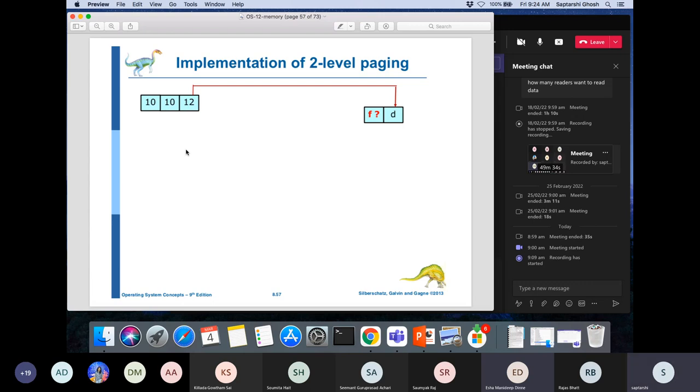The main page table is divided into pages, and we have an outer page table which is contiguous. We have this three-part logical address, P1, P2, and D. D is simple. D is the offset within the data page, so we directly use that.